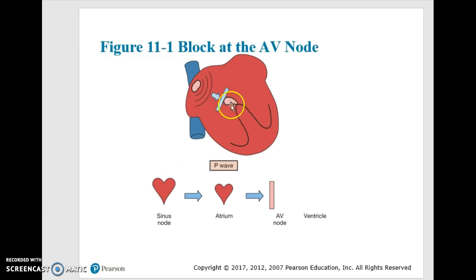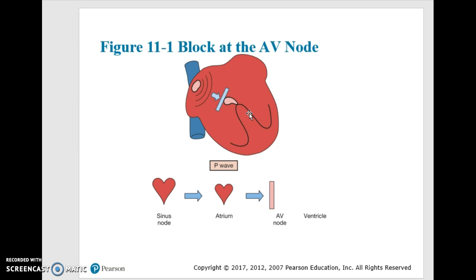So the SA node fires here, and then there's a roadblock in this area right here of the heart. And when we get to that roadblock, one of three different things can happen when we're discussing an AV block. The first thing is a delay can happen.